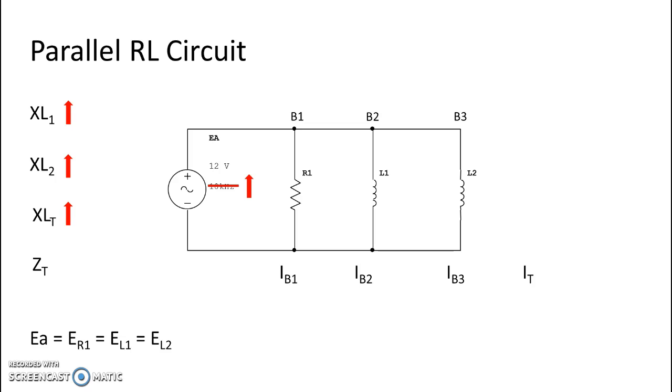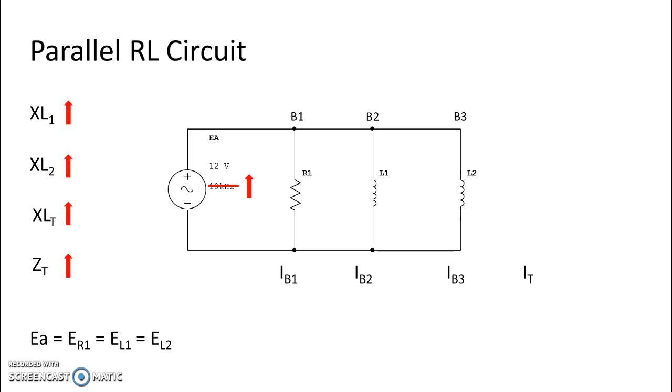Well, if you have one of those values that is increasing, then that smallest is actually increasing. So we see that total ohmic value following the inductive reactance total, because resistance is not changing. And so in a mathematical formula, where you see a component that is going up, in this case for this formula, your total is going to follow that and also increase.